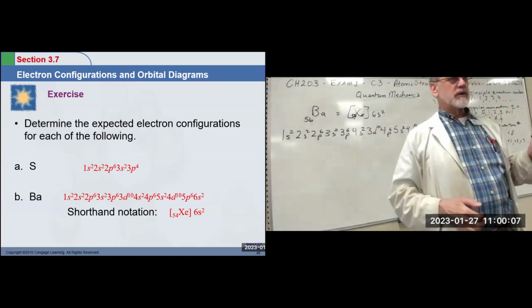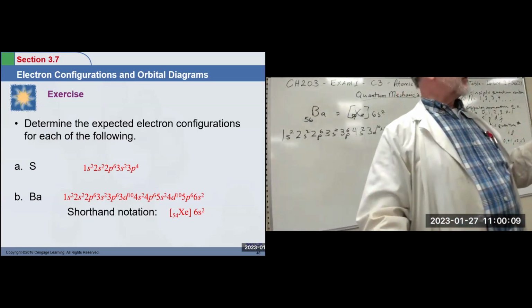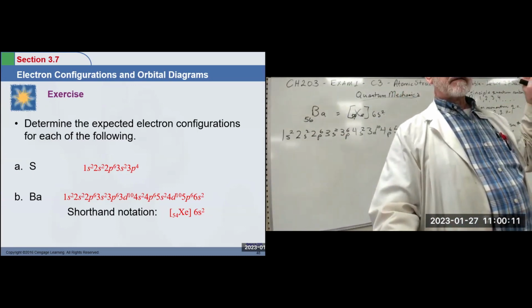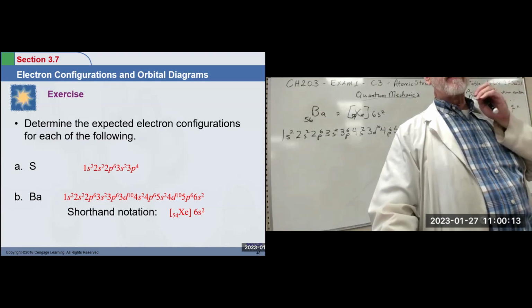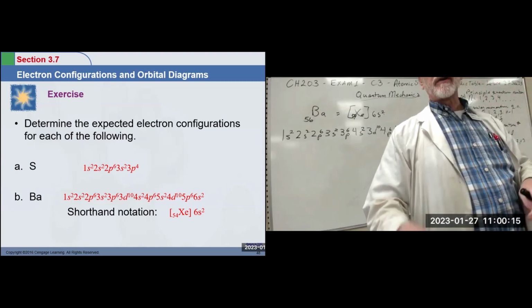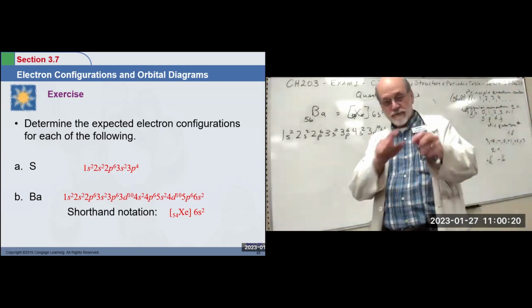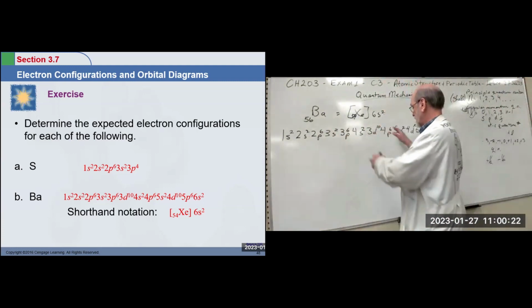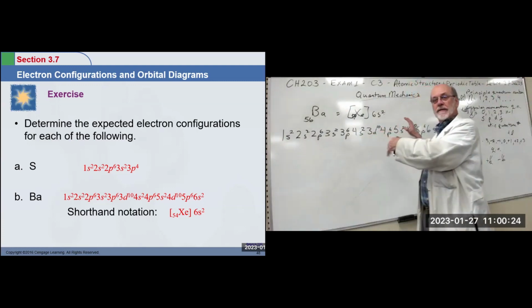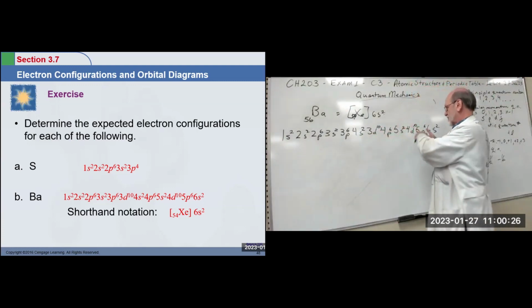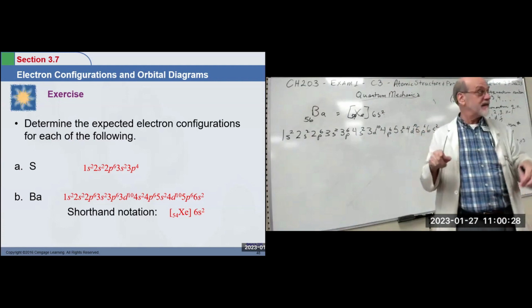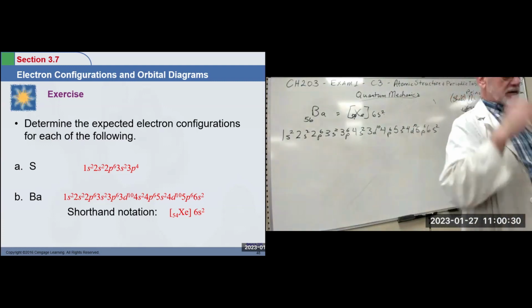What I won't be doing to you is giving you any of the inner transition metals, the f orbitals, because they're kind of squirrely. Even though we follow the process and say so many electrons here, here, and here, sometimes there's reversal. In fact, even in some of the d orbitals, they do that.